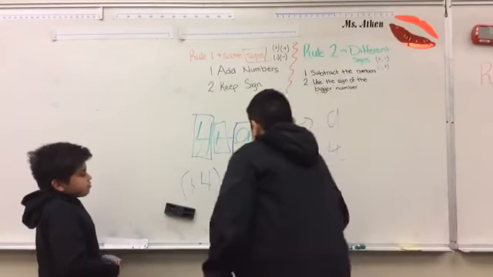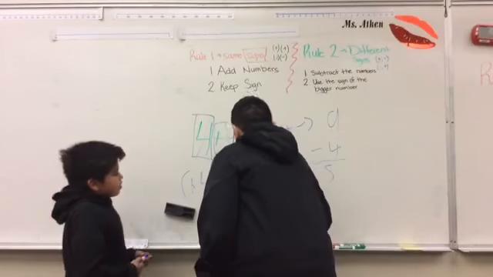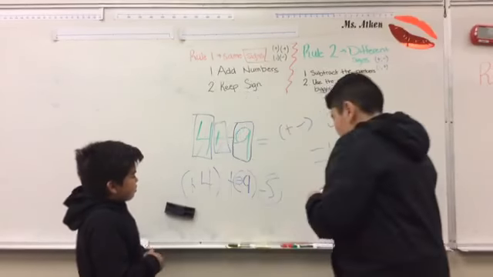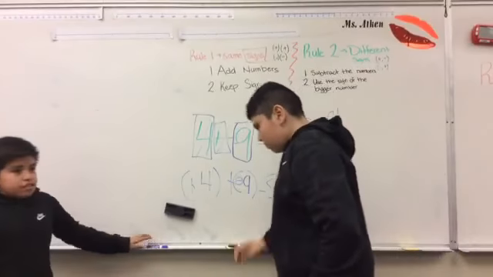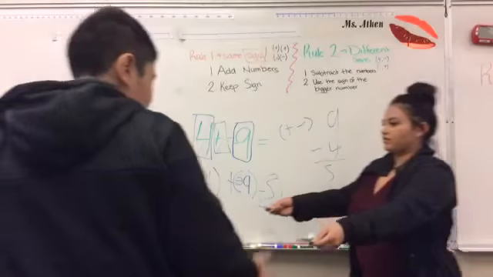And then you put the plus right here, and you look at the bigger number, and it's negative plus. I really appreciate how you guys work together. Thank you. Here you go.